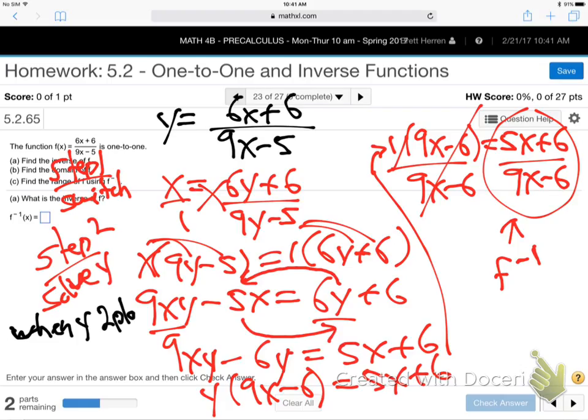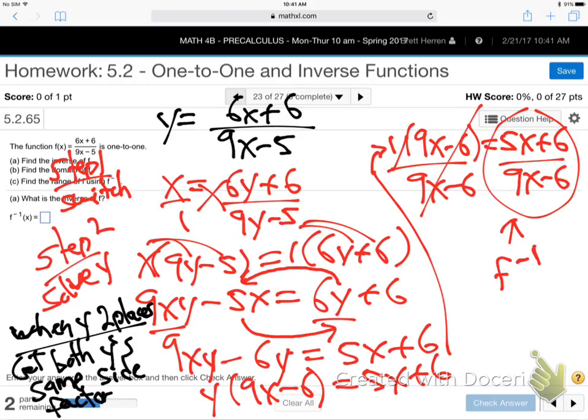When y is in two places, get both y's on the same side, factor out y, and divide. So when the y is in two places, get both y's on the same side, factor out y, and divide.